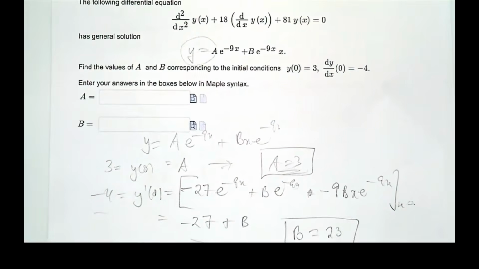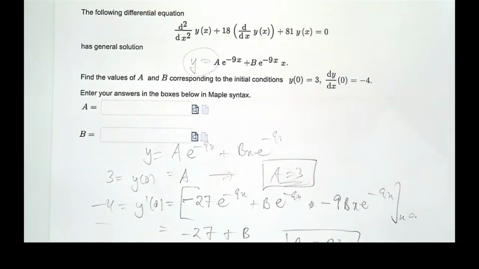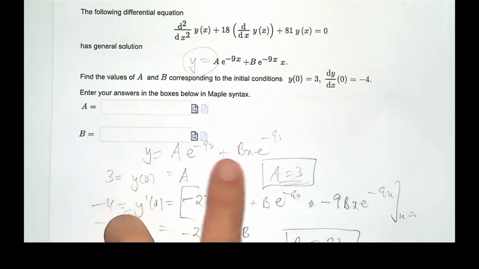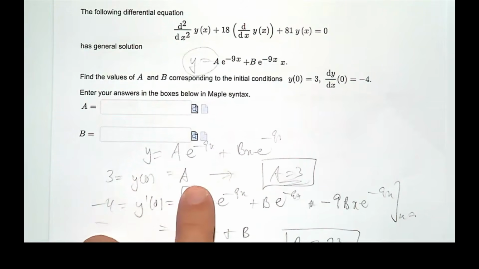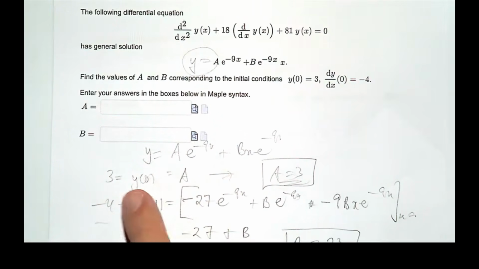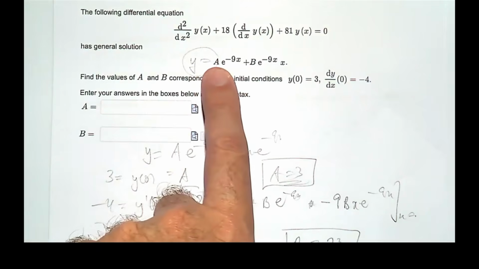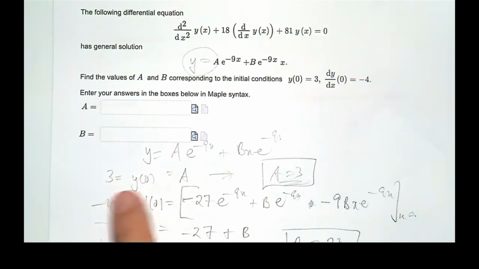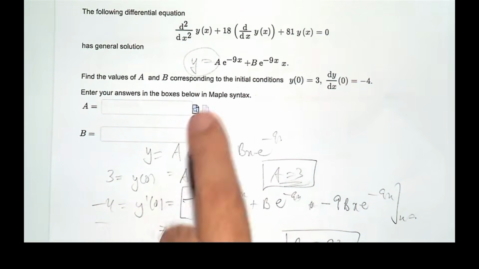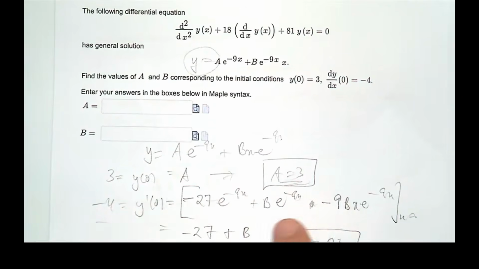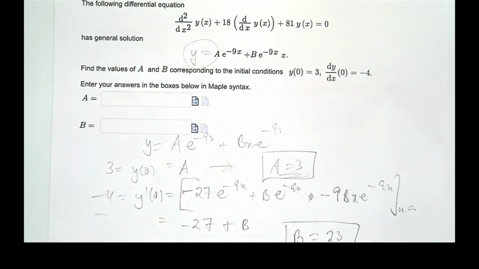Okay? So there it is. There's your general solution. You go up here, you say, okay, x equals 0, so that's going to be A, and that's going to be 0, A equals 3. And then you differentiate this with A equals 3, and you set that equal to negative 4.